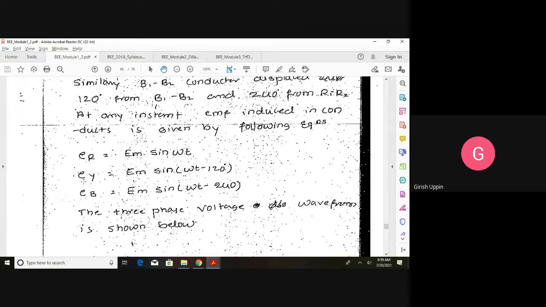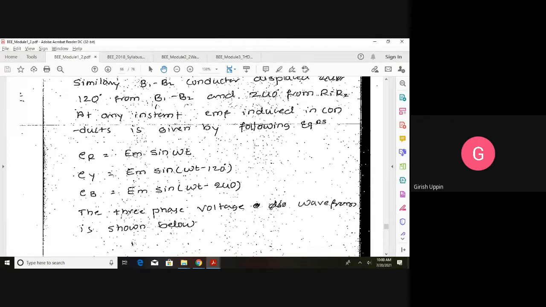That's why the instantaneous value of the EMF produced in the Y phase, EY, is equal to EM sine omega t minus 120 degree. And the B phase is 240 degree apart. Means the minute R phase starts producing the voltage, the B phase voltage will start after 240 degree. That's why the equation is EM sine omega t minus 240.